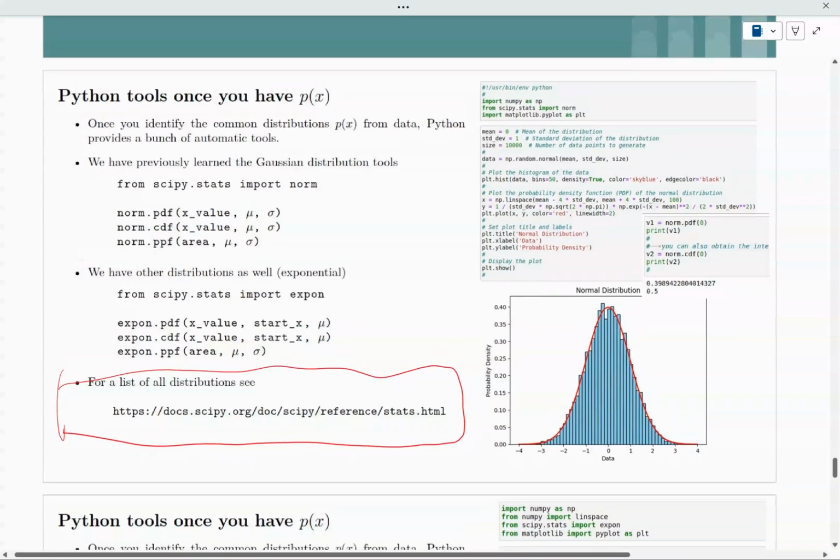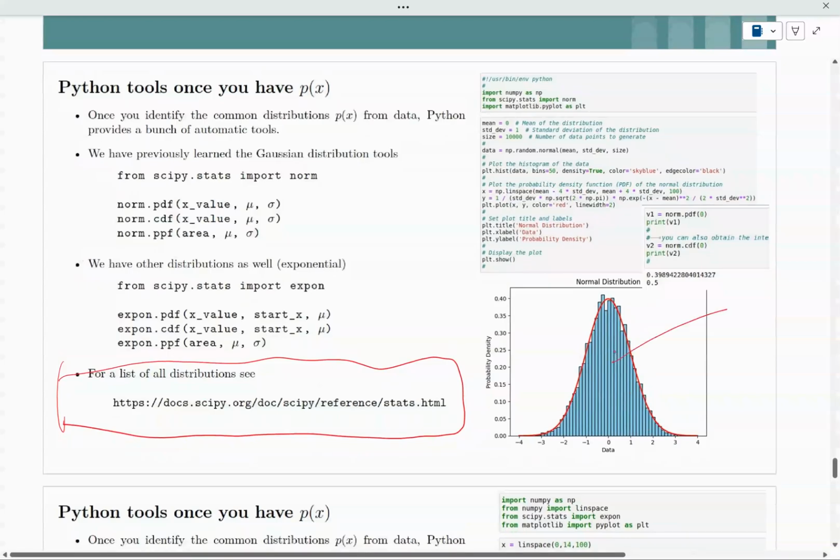Okay, and whenever you have data, what we've done so far is basically use a histogram to plot it out so we can visualize it. Now, once we have the histogram, that's not the same as having the equation. So that's why we learned what we learned today, so we know how to get the equation.